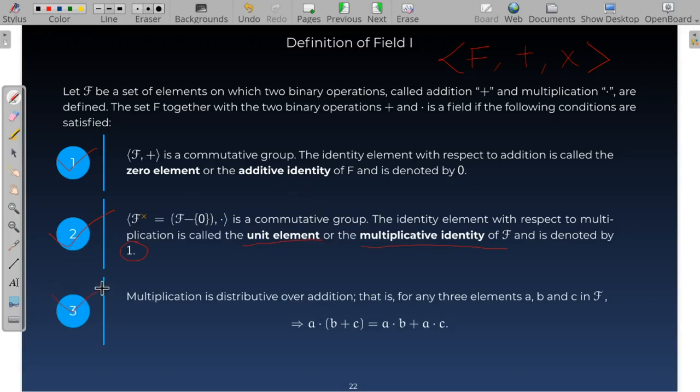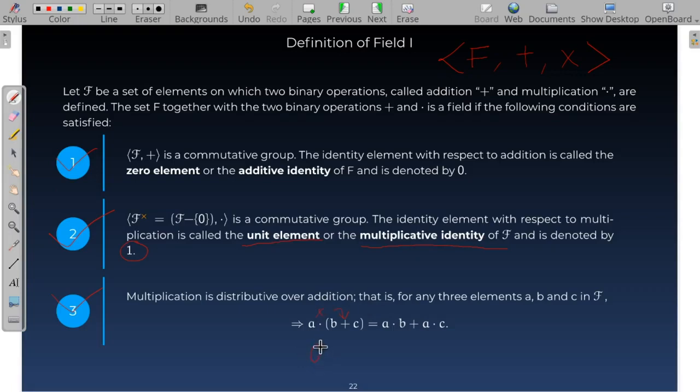Now the third condition, multiplication is distributive over addition. That is, for any three elements a, b, c that are element of F, a times (b plus c) is actually equal to a times b plus a times c. So you can see that this multiplication operation is actually distributive over addition. Now vice versa is not true.